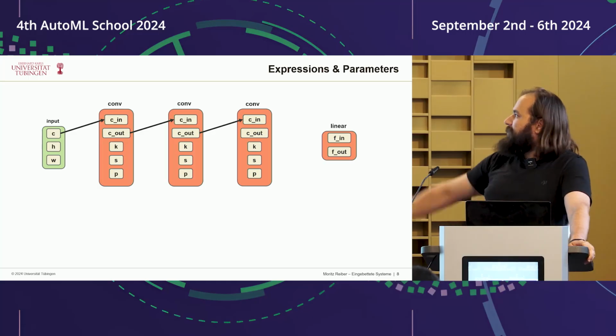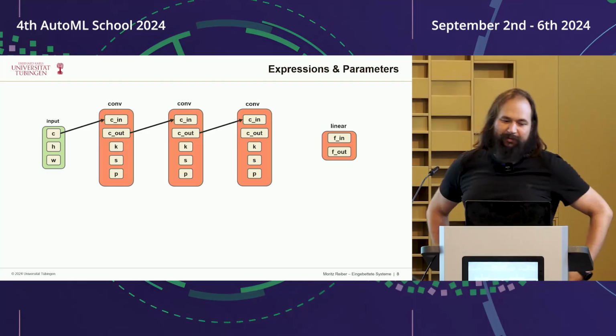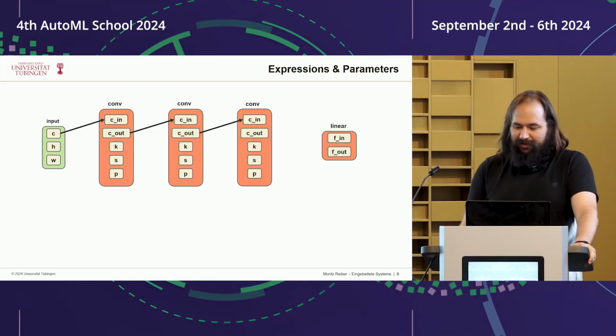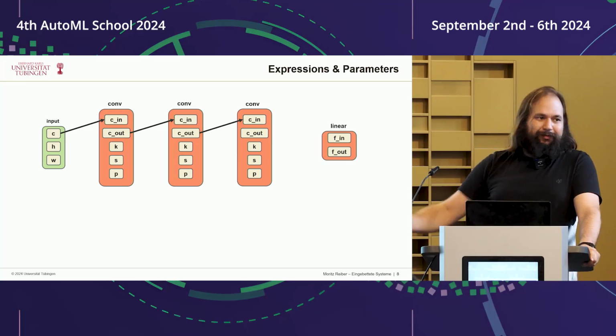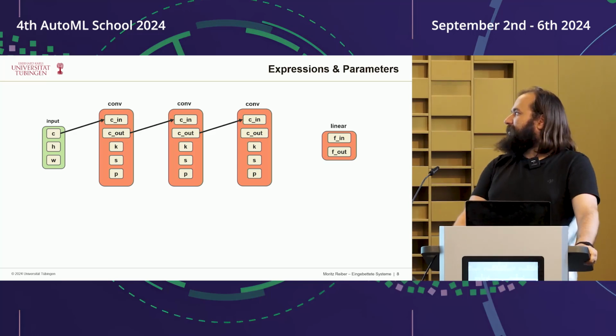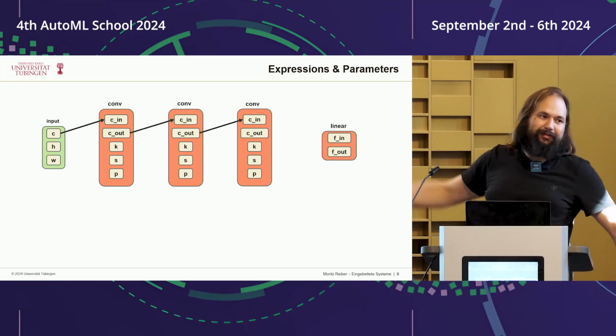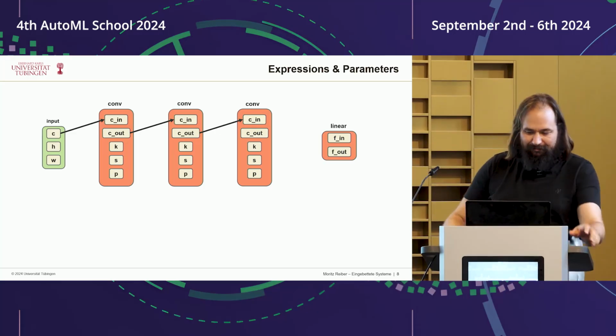For example, the simplest constraint that we can derive from a neural network topology is that the number of output channels of a convolutional layer needs to be the same as the number of input channels in the next layer.